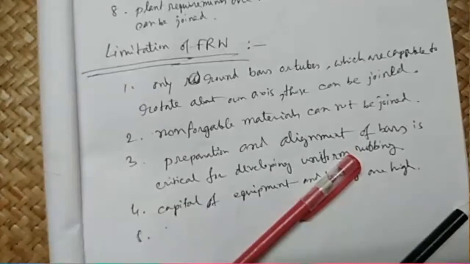Now rotation stopped and pressed. Again pressed with more pressure. See, the joint is being made. Now they shear off the flashes. See, this is the joint produced.